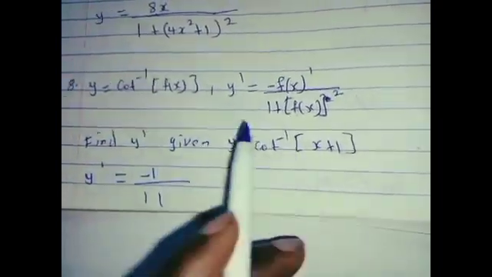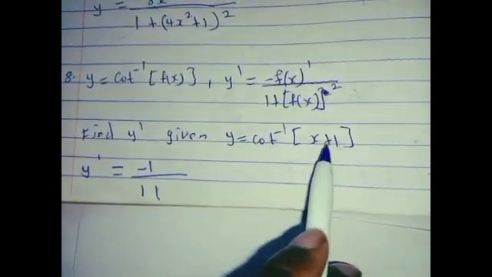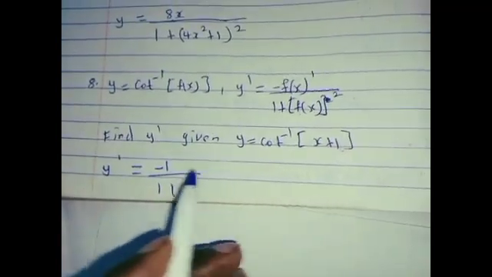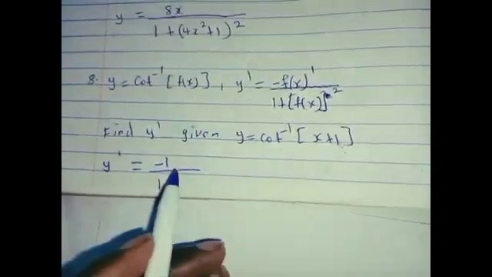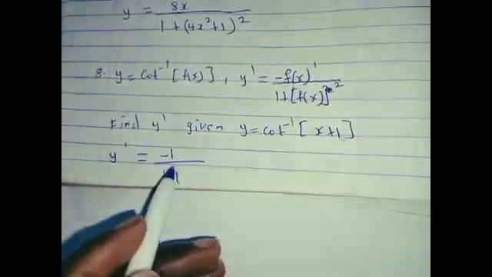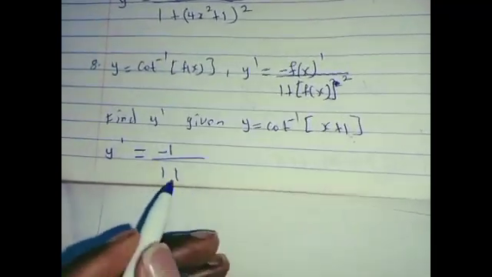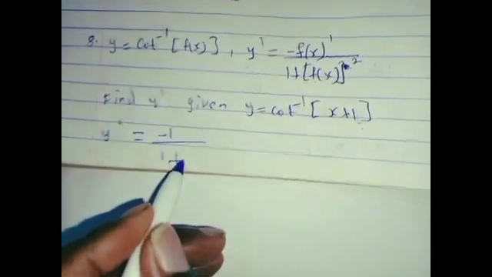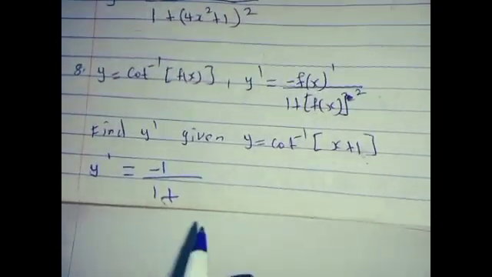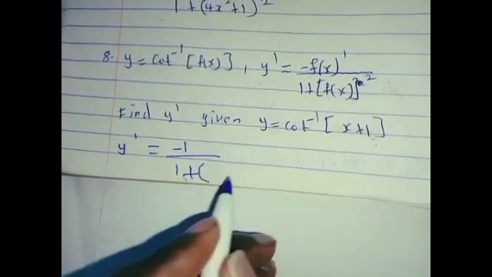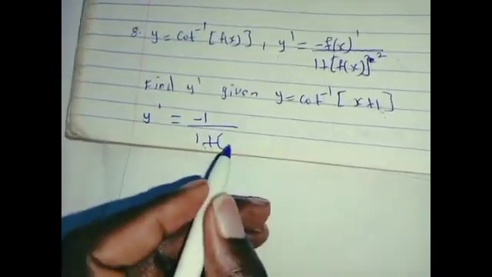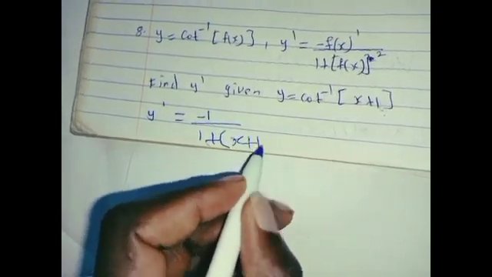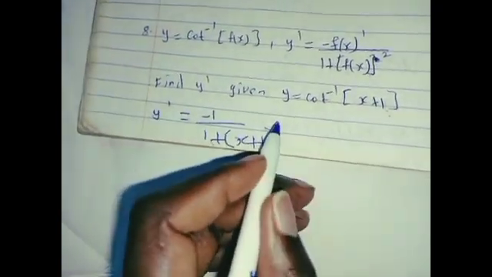To get the result, we simply differentiate the function in the bracket. So x plus 1 differentiated gives us 1, since x differentiated is 1 and 1 differentiated is 0. 1 times negative gives us negative 1, over 1 plus the function x plus 1 in bracket, squared.